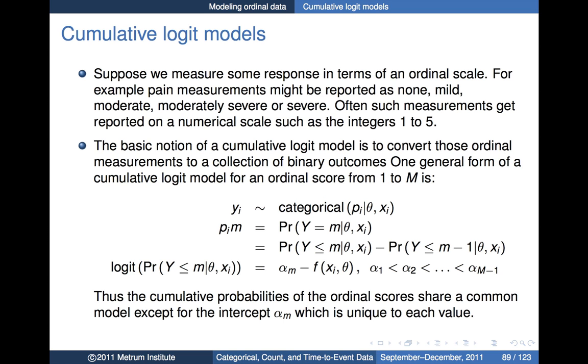So we're talking about a categorical scale, where the result can only take on a certain number of discrete values. In addition, it's ordered. So we're talking about things that vary in some quantitative sense.